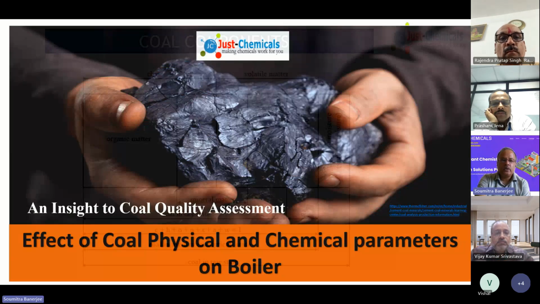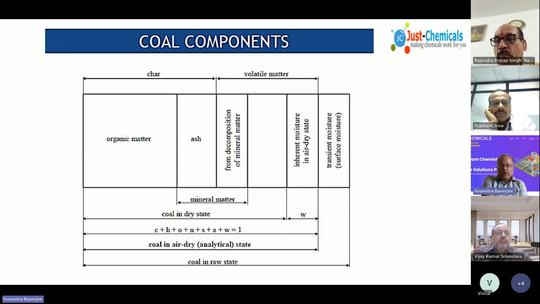What we know is that coal is a very heterogeneous matter, which contains organic matter and ash. From the decomposition of mineral matter, we get ash and mineral matters. Mineral matter may contain calcium, magnesium, silica, alumina, and other things.